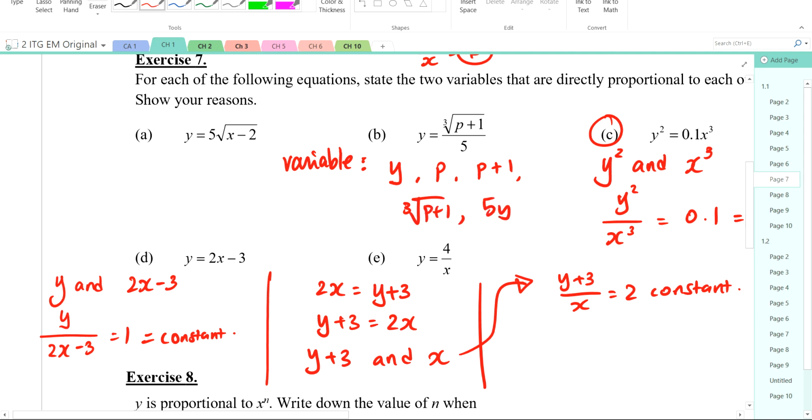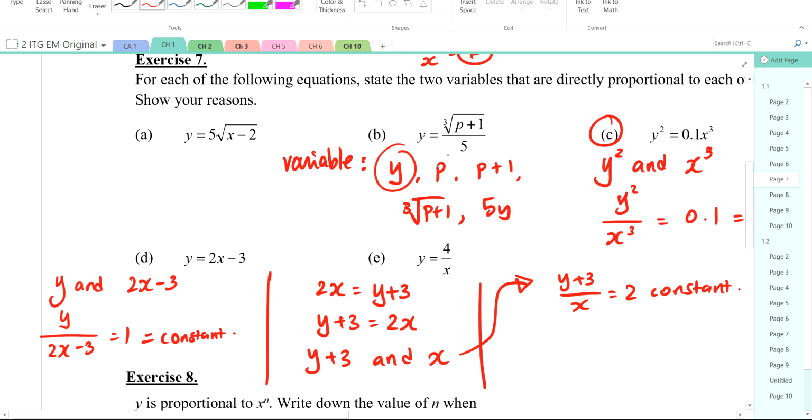All these are possible variables. Agree? There are two variables that when divided by each other give you a constant. If I am able to find two variables such that when you divide one by the other you get a constant, then I conclude that those two variables are directly proportional. Understand the logic flow? Okay.